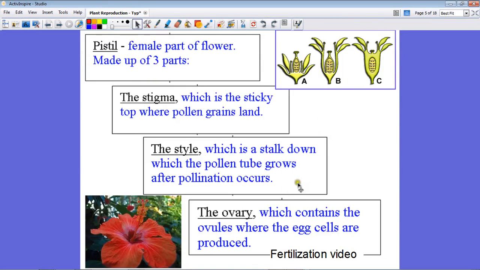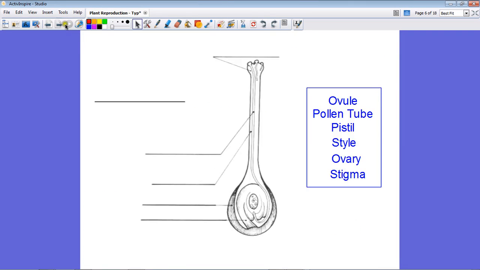Okay, so you've got the pistil, which is made up of the stigma, the style, and the ovary. So here we are. We've got the female part is the pistil. Up here we have the stigma.